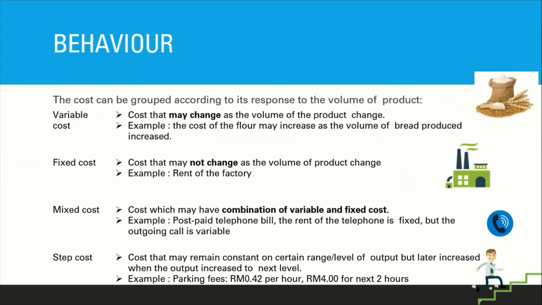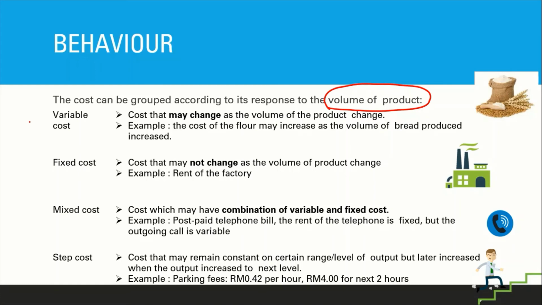Okay, so next we have behavior. Behavior is a cost that can be grouped according to its response to the volume of product, the production of the items that the business is trying to do.